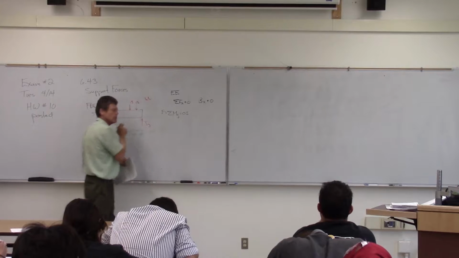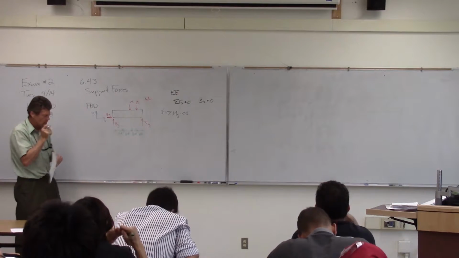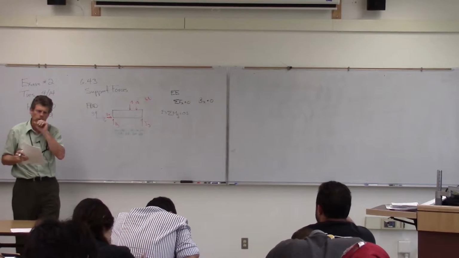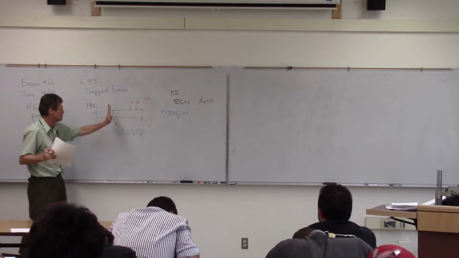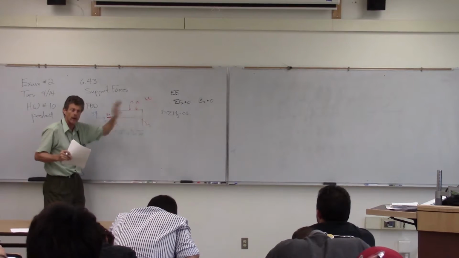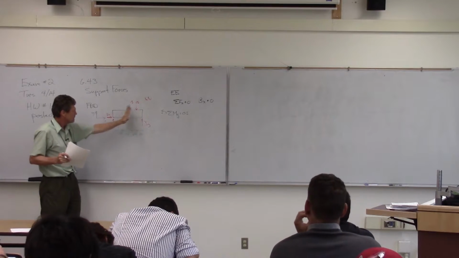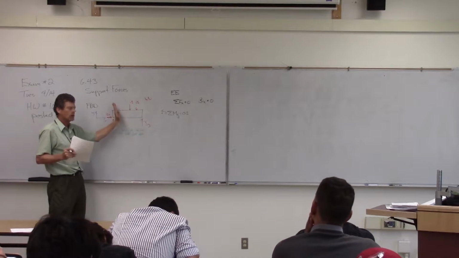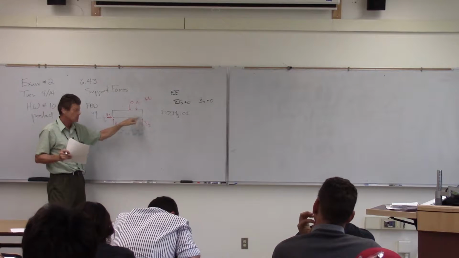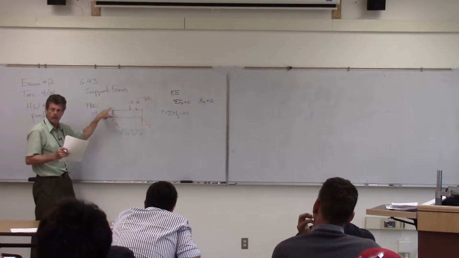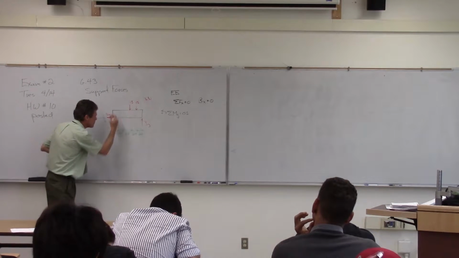And then I'll do my moments about J. One thing to note is when we're doing method of sections, I said I could do this side or I could do that side. The key thing is if I pick one side, I don't necessarily need to solve for forces at the other side. So I'm going to look at this small piece, making the cut somewhere along here.